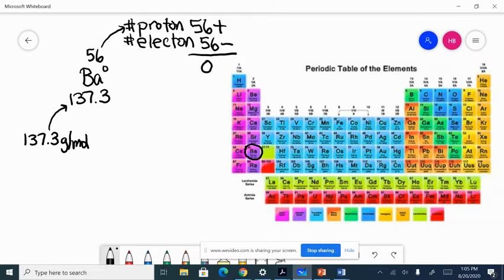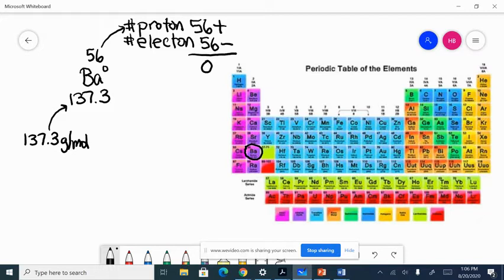Neutrons have a mass of 1 AMU. Electrons are so small that we do not consider their mass. What that means is there's no way that you could have 0.3 of a proton or a neutron. So how could you have 0.3 grams? Well, that's because each barium atom either has a mass of 137 AMUs or 138 AMUs. None of them have a mass of 137.3.